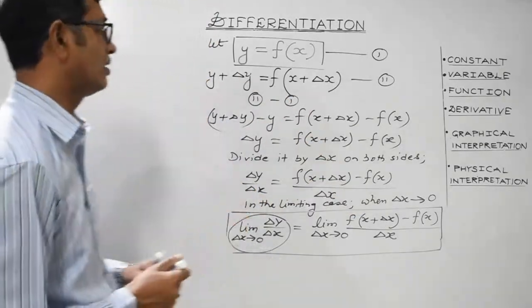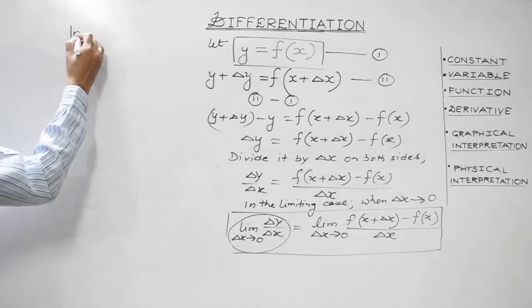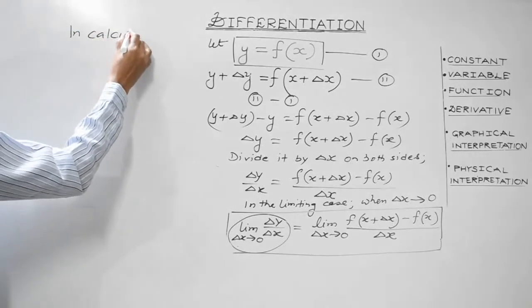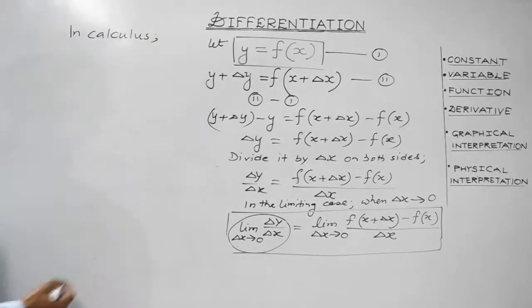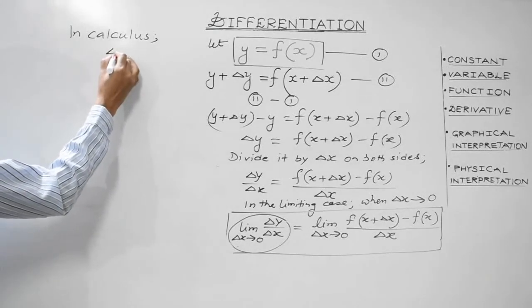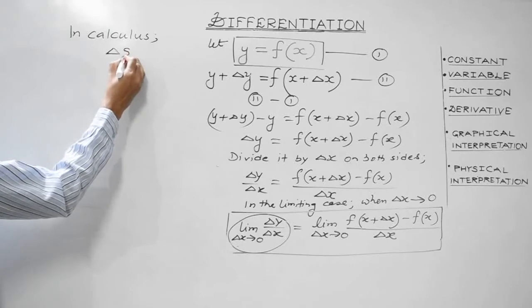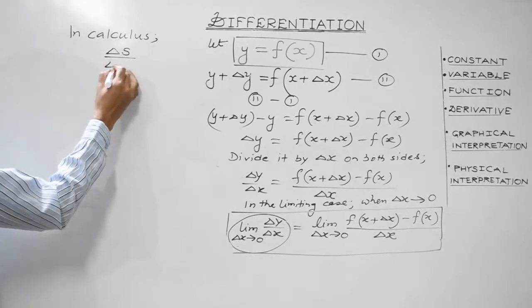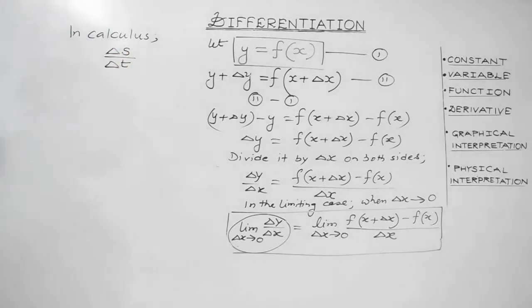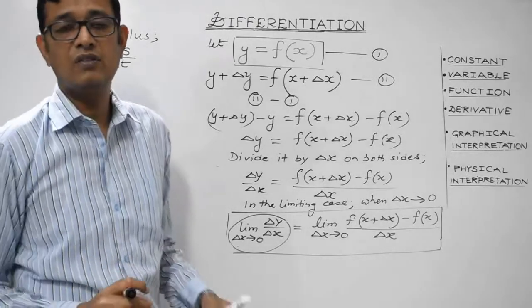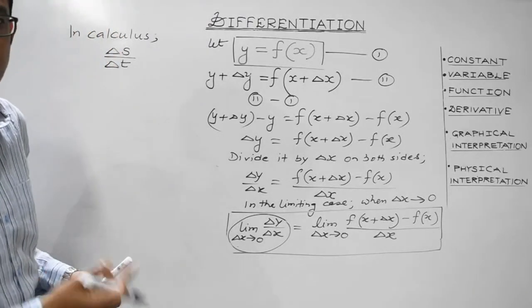So in calculus, suppose the body covers displacement del s in time del t. Right? Let us consider a body to have covered displacement del s in time del t.